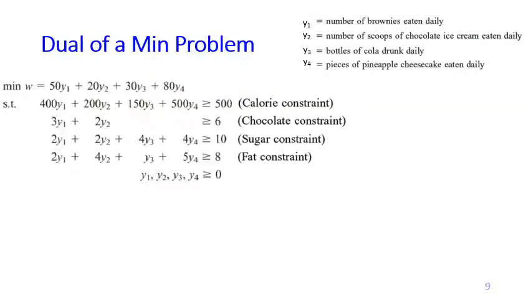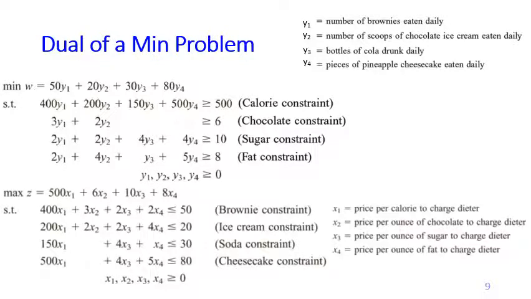So here's the LP formulation for the diet problem. We have 4 decision variables: the number of brownies, scoops of chocolate ice cream, bottles of cola, and pieces of pineapple cheesecake. We have 4 constraints as well: the calorie constraint, chocolate constraint, sugar constraint, and fat constraint. Our dual is a maximization problem.